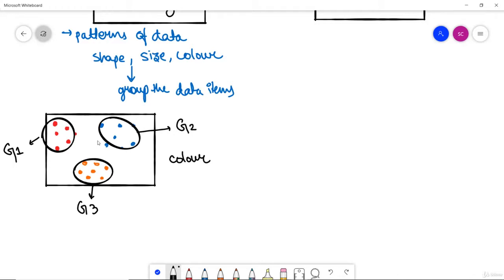Now, clustering is further divided, or it has several algorithms in it, which we are going to discuss in brief here, and we will discuss them broadly when we do certain examples. So the very first type is hierarchical clustering. In hierarchical clustering, the algorithm builds clusters on the basis of similarity between the different data points.